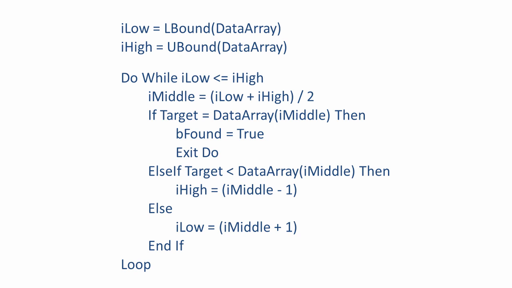Inside a loop, these pointers are used to calculate the middle position of the array and to check to see if it contains the target value. If not, then, depending on the value in the middle, it effectively discards half of the list by redefining one of the pointers. It might redefine I-high to discard the top half of the list, or I-low to discard the bottom half of the list.